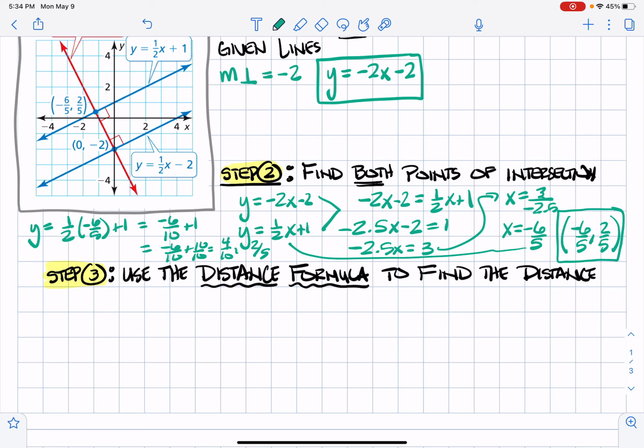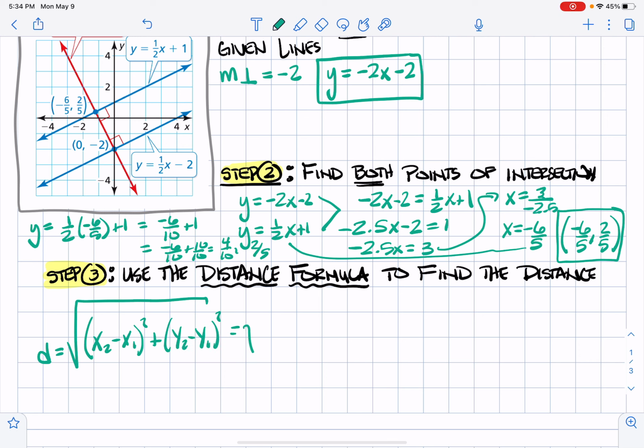Okay, so our distance is going to be the square root. Remember our distance formula? X2 minus x1 squared plus y2 minus y1 squared, which is going to be, remember this is like your x1 and your y1, and the other point of 0 comma negative 2 is like your x2 and your y2.